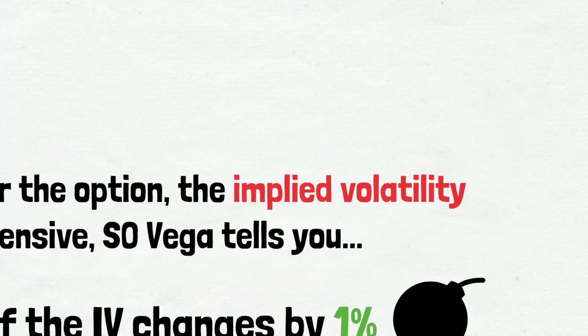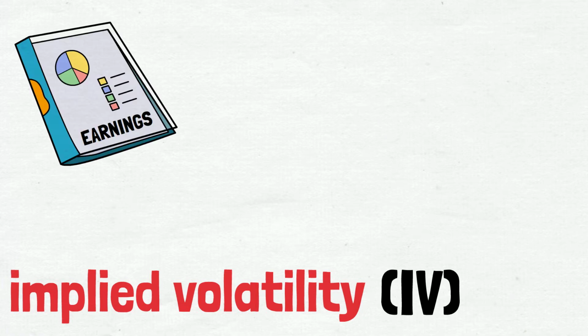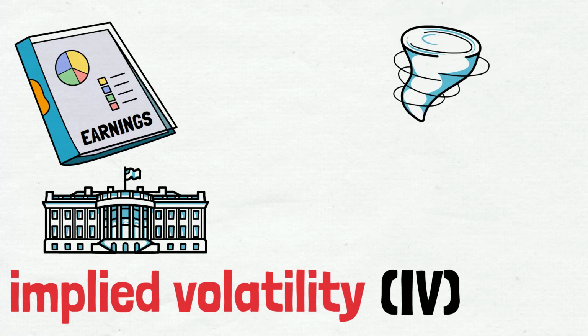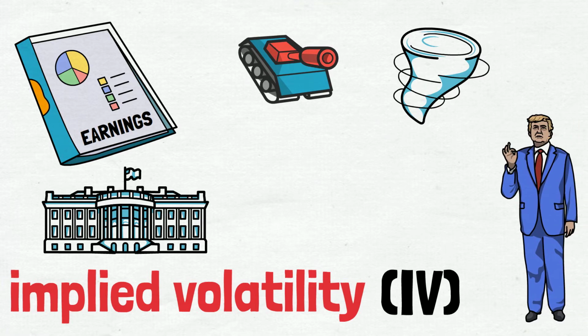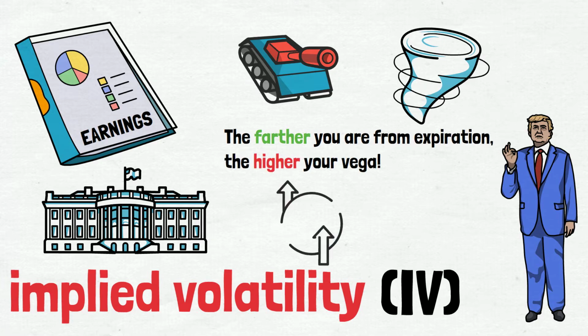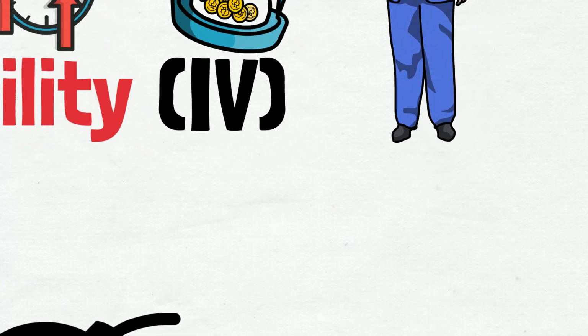There are a lot of factors that can cause a spike in IV, implied volatility, such as ER announcements, political situations, and even natural phenomena. Depending on your strategy, a spike in Vega could be a blessing or a curse. The farther your expiration, the higher your Vega. So, options with longer expiration may react more to changes in volatility.